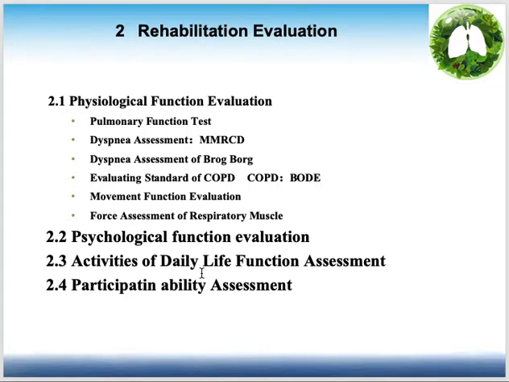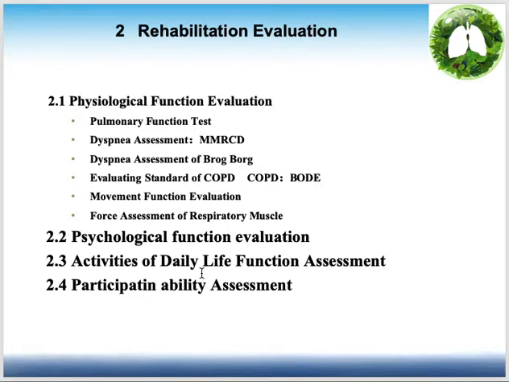Each one of those has a different exercise capacity, and that's why, as I told you, we always check the exercise capacity of the patient.